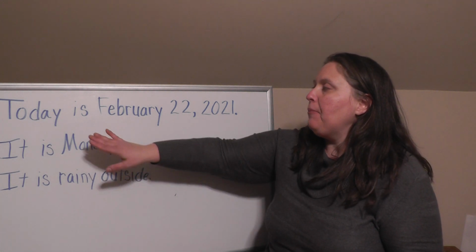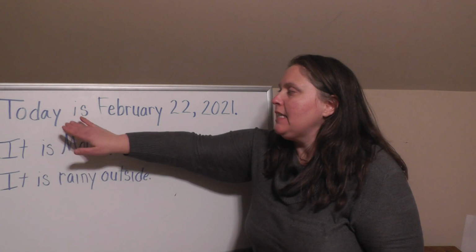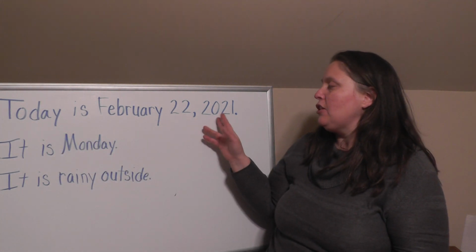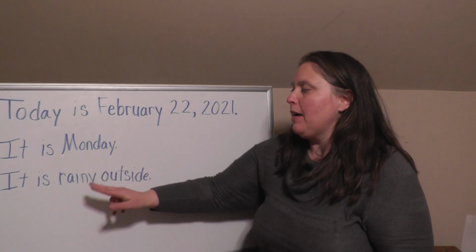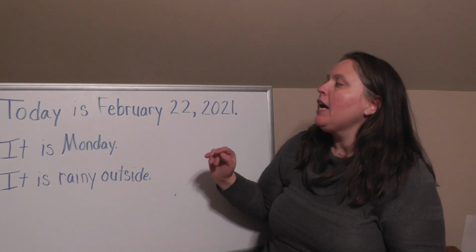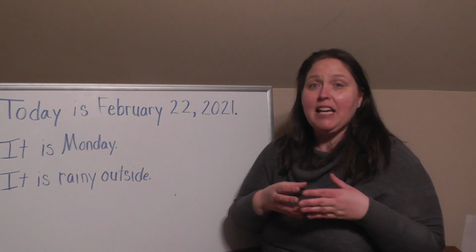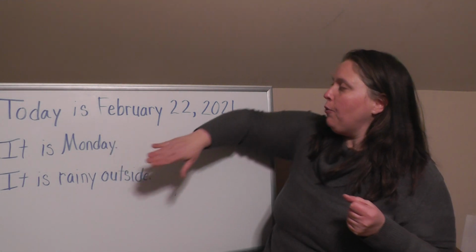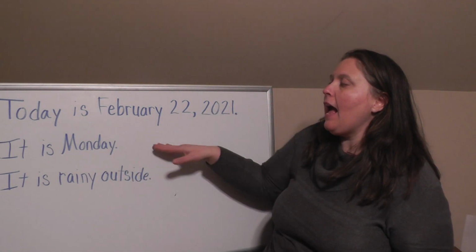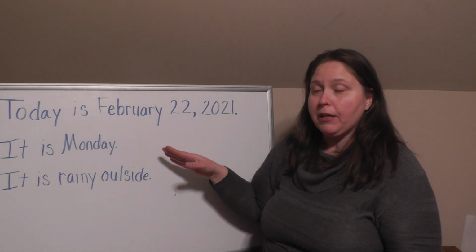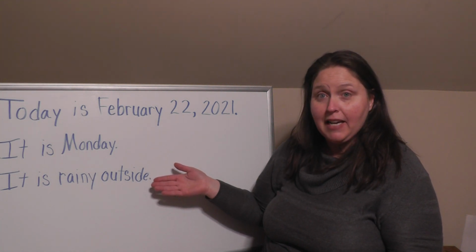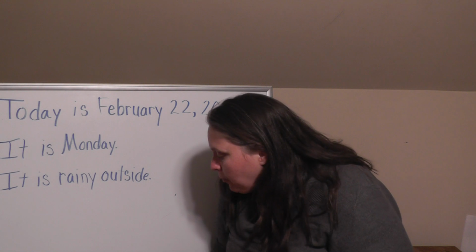So on my board, I would write: Today is February 22nd, 2021. It is Monday. It is rainy outside. In the beginning with emergent kids, we would read it together, and then I would have them copy it down onto their whiteboards.